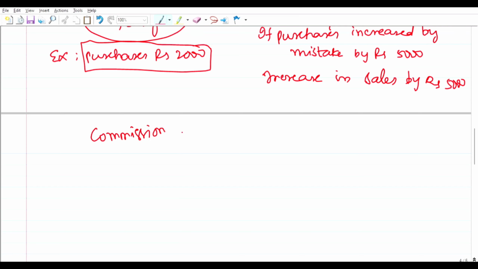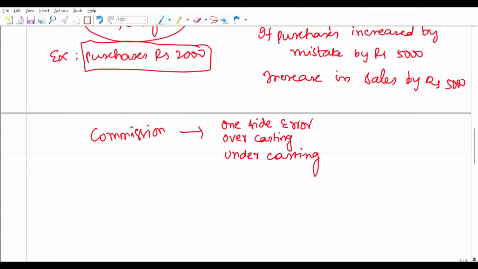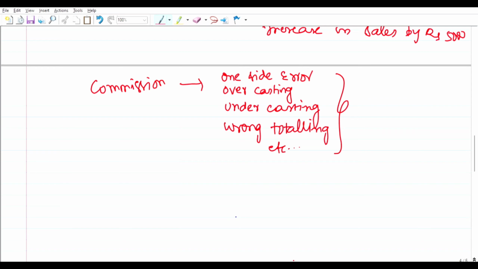Commission, we can say it as one side error, overcasting, undercasting, okay, overcasting, undercasting, and wrong totaling, etc. These are what we can say as error of commissions.